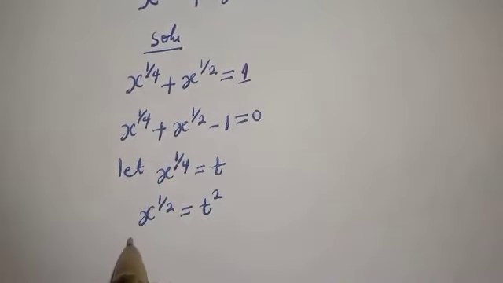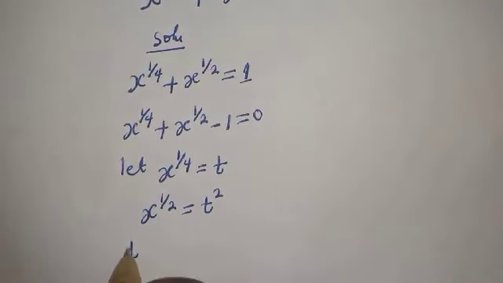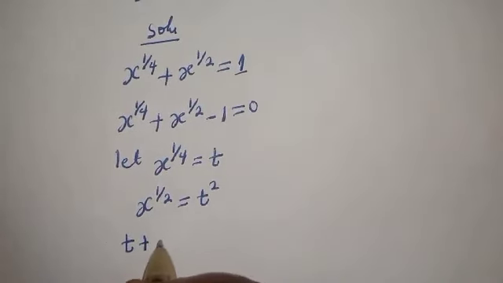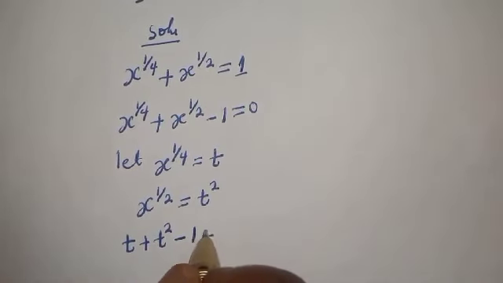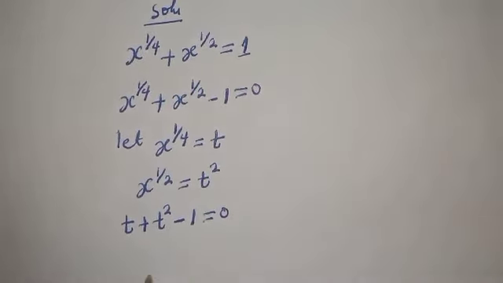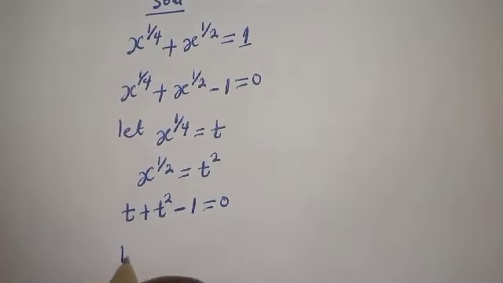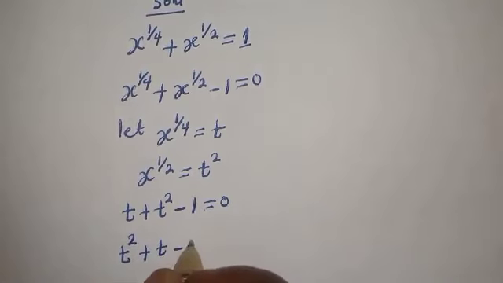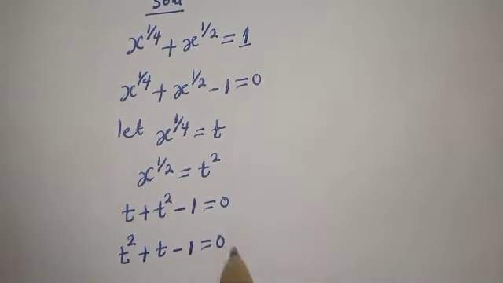Then here is t plus t squared minus 1 is equal to 0. Now let's rearrange: t squared plus t minus 1 is equal to 0.